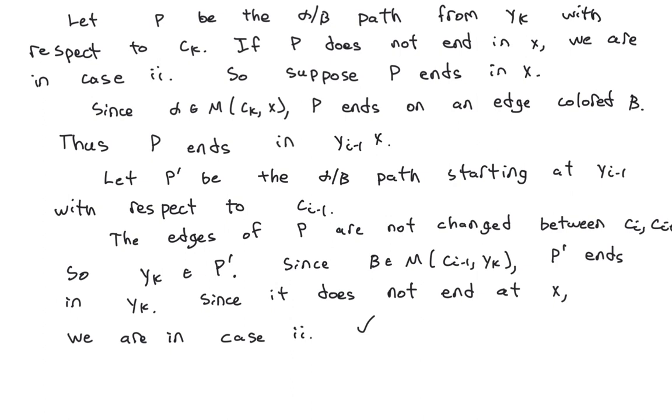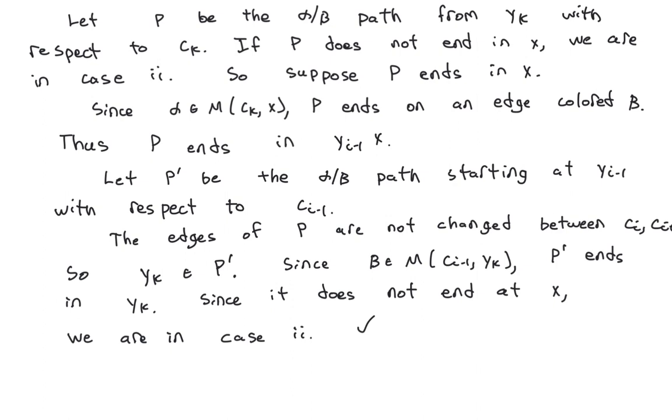So then we look at the edges of P. The edges of P are not changed when we look at these different colorings, C_i and C_{i+1}. And so we can conclude that Y_k is on P'.